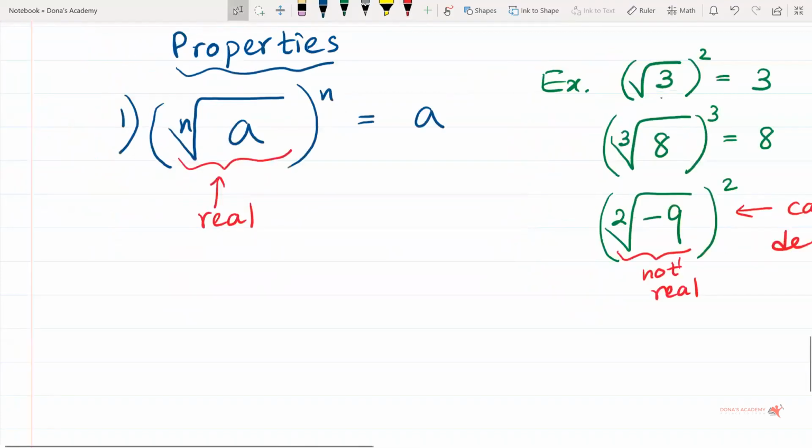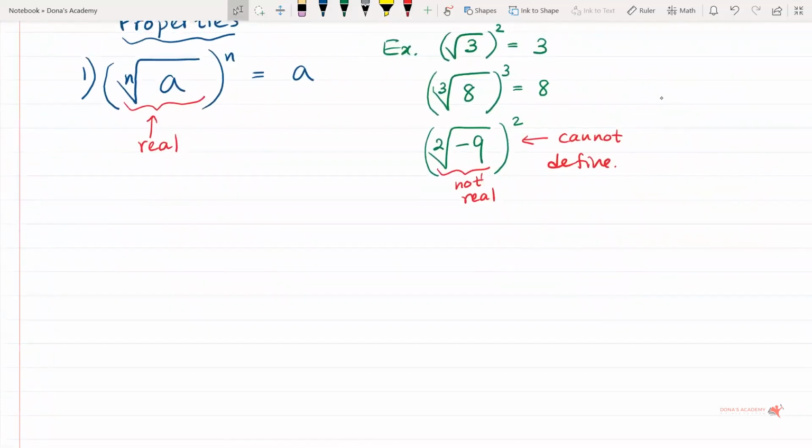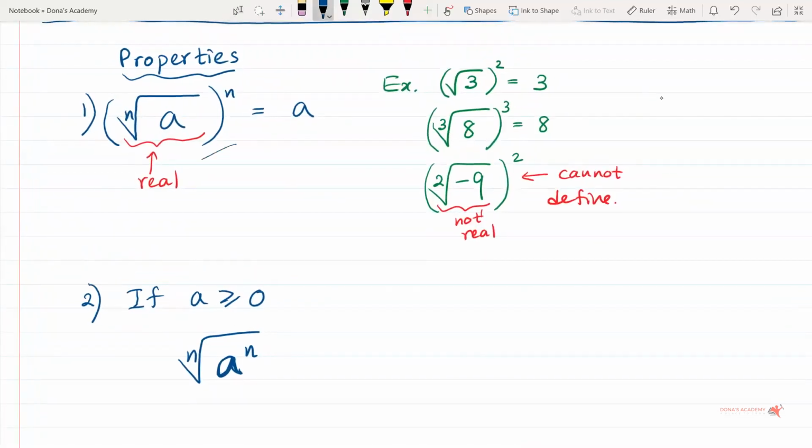Second property. If a is greater than or equal to 0, right, positive or 0, then a n power, first we take the nth power of a and then we take the nth root. See the difference? Here we first take nth root and then we take the power.